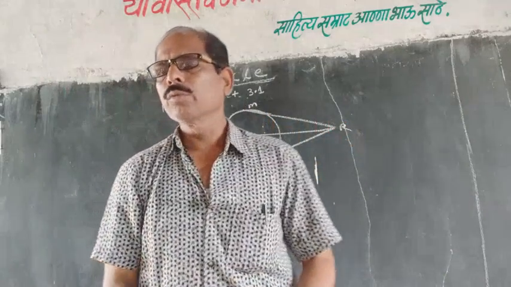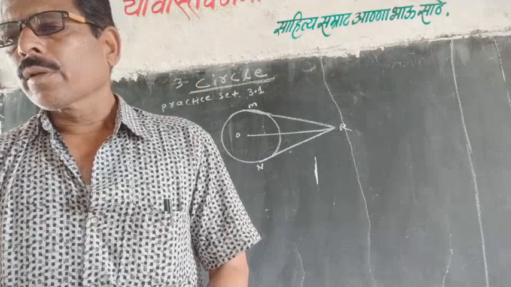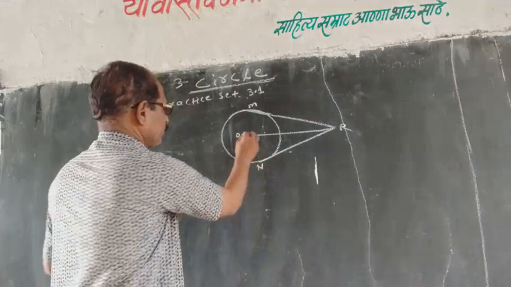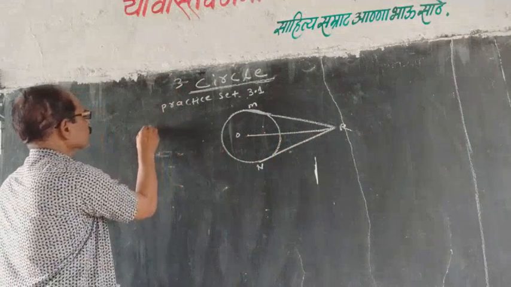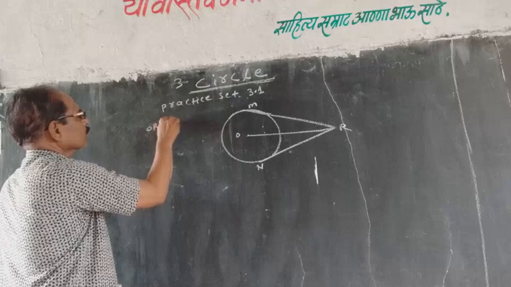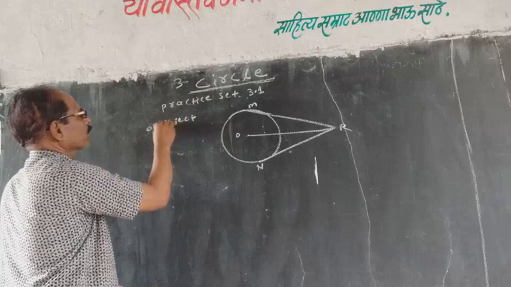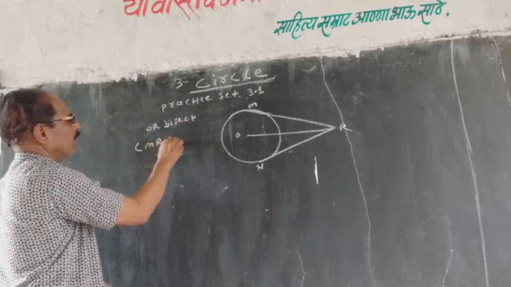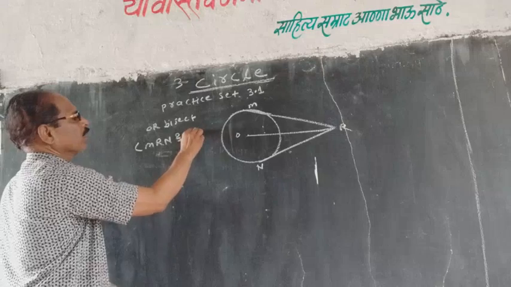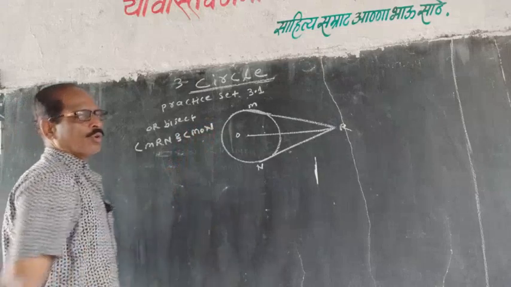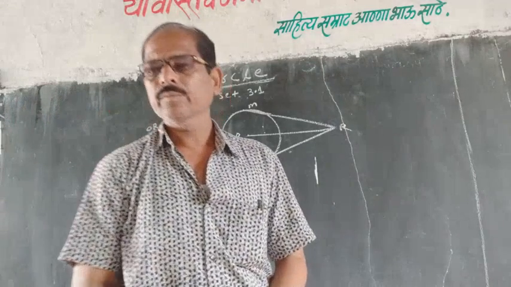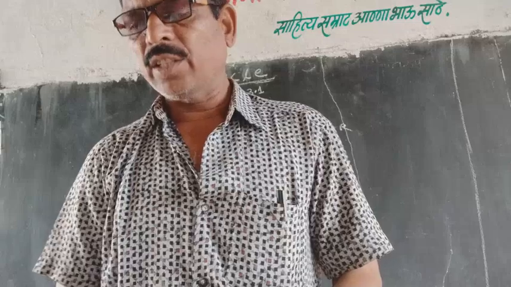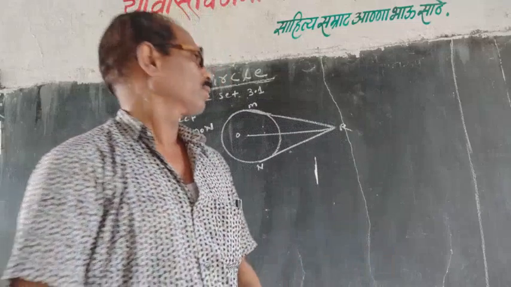And we have to prove segment OR bisects angle MRN and angle MON. We can write the proof.